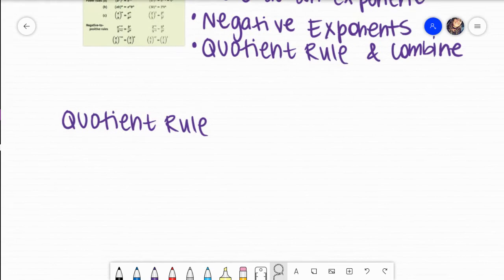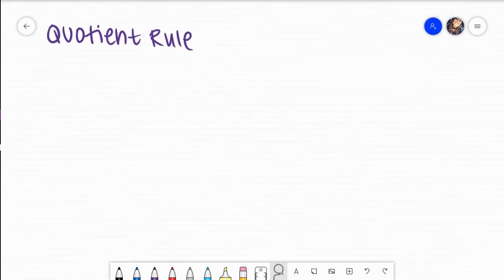Okay, y'all. So the first-ish video, I think second video that we did for 12.1, we looked at the product rule, and I'd explained that the product rule is used whenever you multiply things together. And your hint there is that the answer to a multiplication problem is called the product, right?